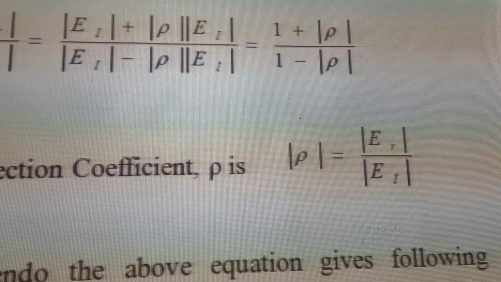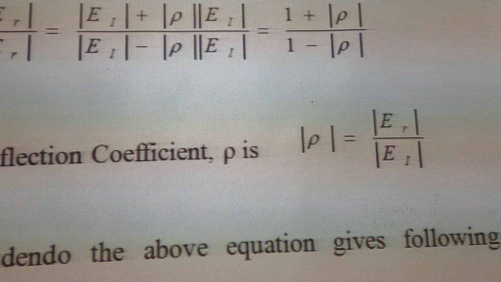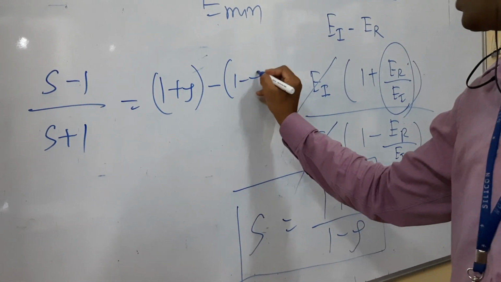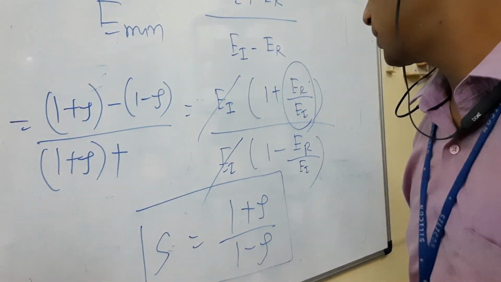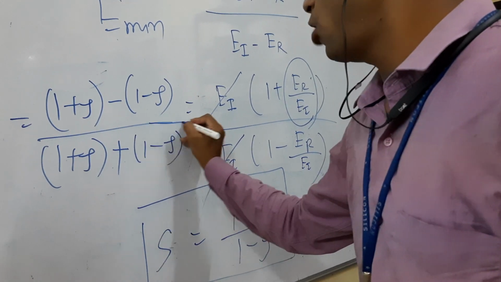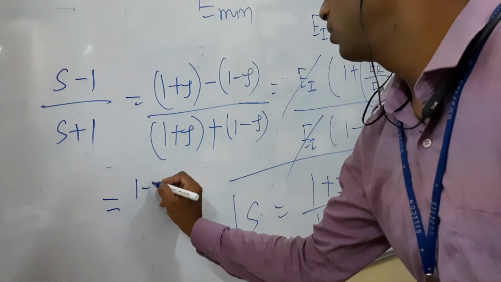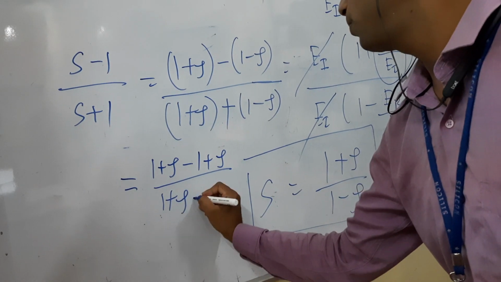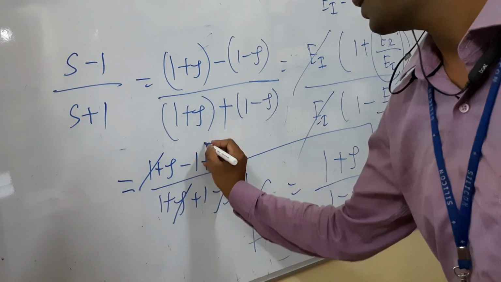Now if I take componendo and dividendo, that is S minus 1 by S plus 1, it will be 1 plus rho minus 1 minus rho by 1 plus rho plus 1 minus rho. This is the componendo and dividendo you might have studied in school. If you simplify, 1 plus rho minus 1 plus rho by 1 plus rho plus 1 minus rho, this rho cancels, this 1 cancels.